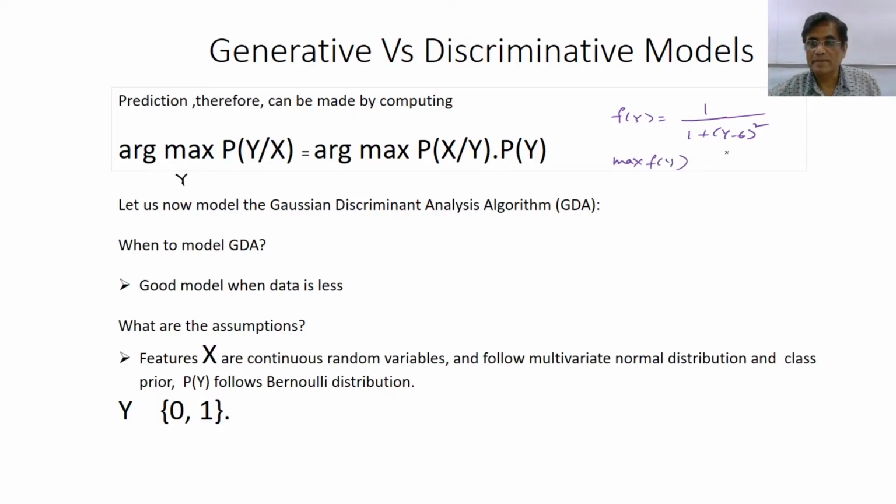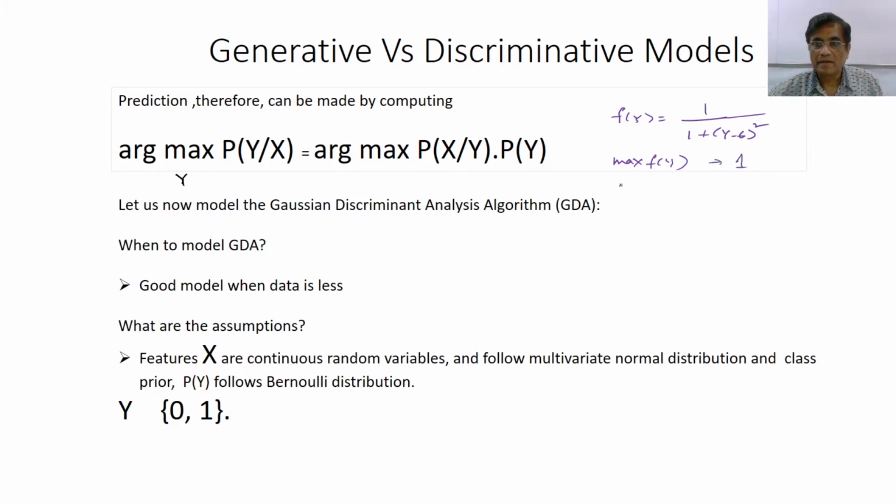This function will be maximum when the denominator is minimum, and the minimum value of that term is 0, because it is in the denominator. It has to be 0 to get the maximum of f. So this is 0, this is 1, and the maximum value will be 1.